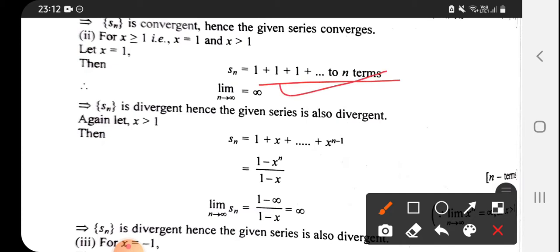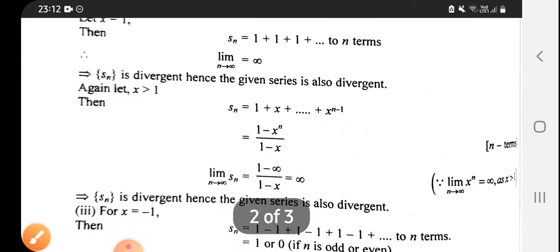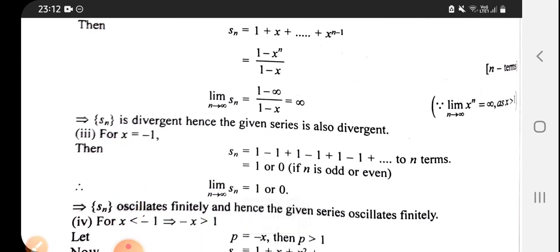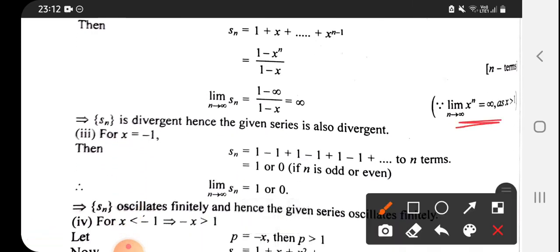If x is greater than 1, then by the help of the sum formula we get this expression, and as n tending to infinity, x to the power n is not 0, that is infinity. This becomes 0 if mod of x is less than 1, but here x is greater than 1, that's why this becomes infinity and we get infinity. So the given series is divergent.